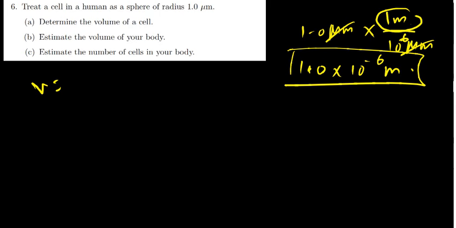So the volume is 4 over 3 pi r to the power 3, right? That is the volume of the sphere. So we have the radius.